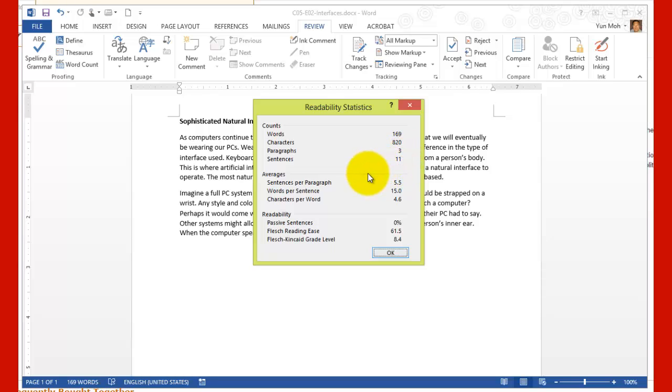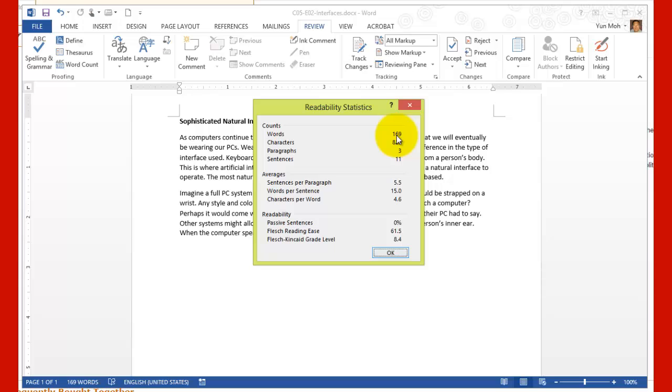So in terms of readability, it basically means how easy it is to read and understand it. What I mean is that if we have words with a lot of characters, then it'll be harder to read.